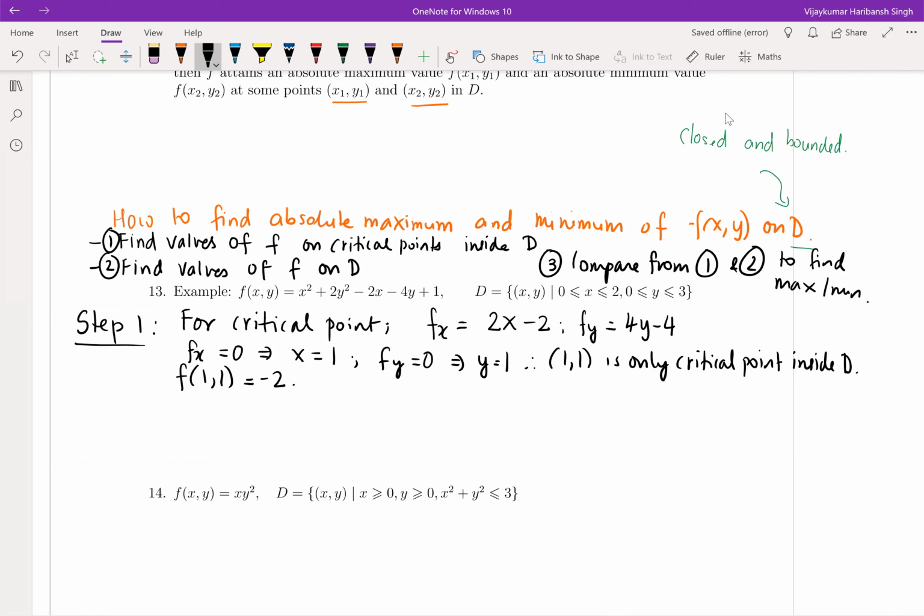Now let's consider our domain D. So we need to draw domain D. First one is, we have 0 to 2, so 1, 2, and then we have 1, 2, 3.